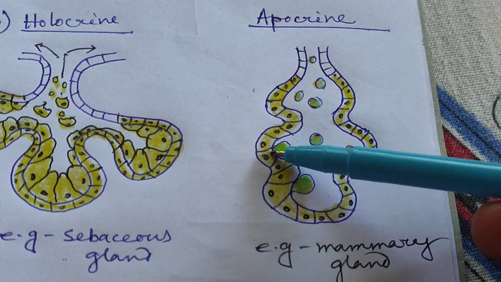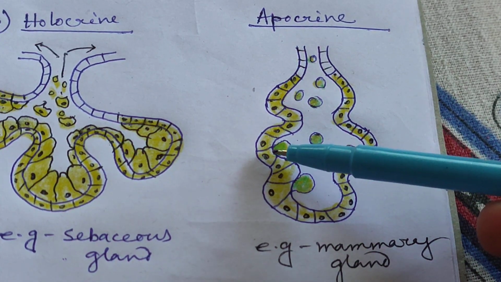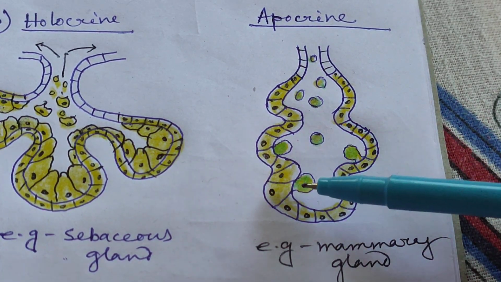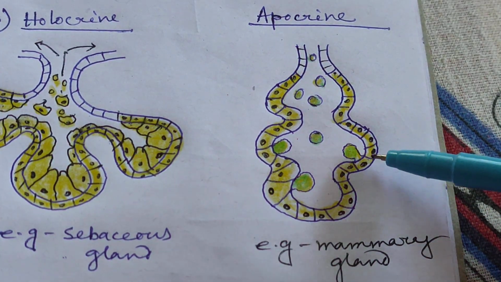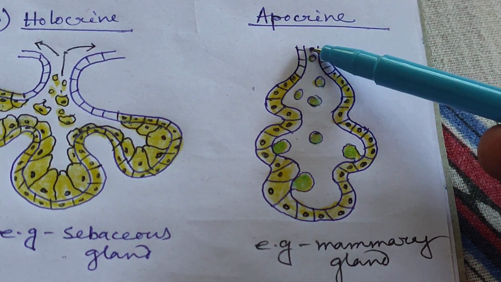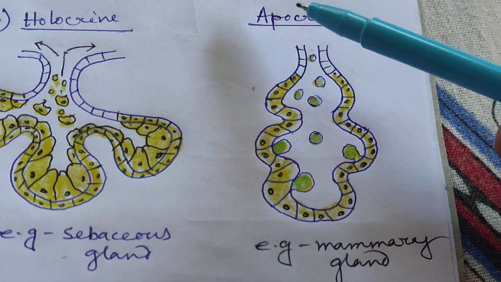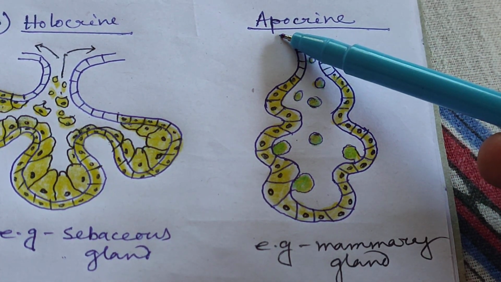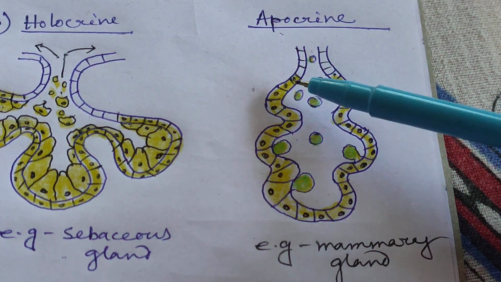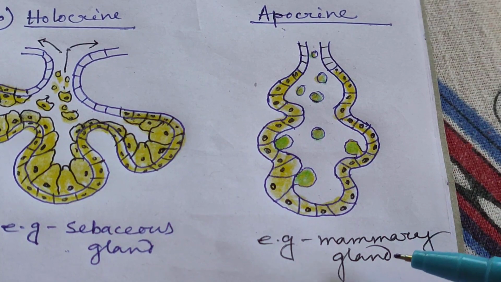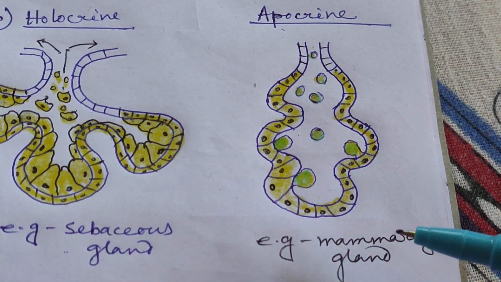They are squeezing their apical cytoplasm, that means the upper portion of the cytoplasm, as their secretory material, and those are getting released into the duct. So this type of secretion where the upper or apical portion of secretory epithelial cells is released to make the secretion is known as apocrine gland. An example is the mammary gland, from which lipid is mainly secreted.